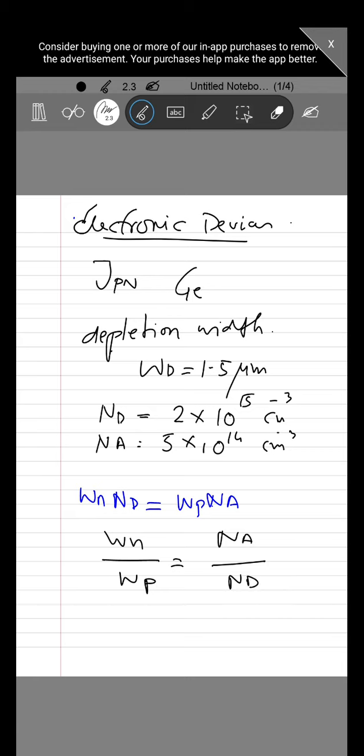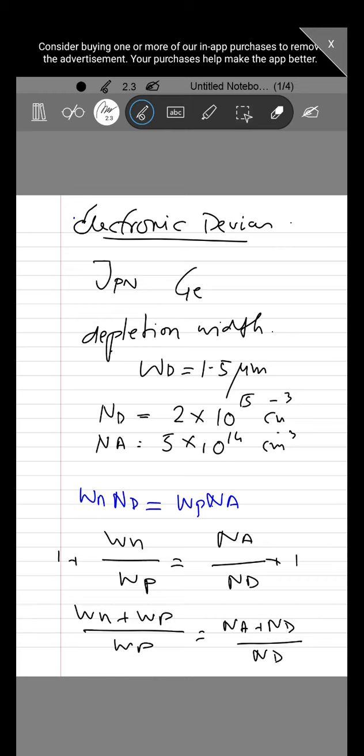If we add 1 on both sides, it turns out to be Wn plus Wp by Wp is equal to Na plus Nd by Nd, and this is nothing but the Wd.